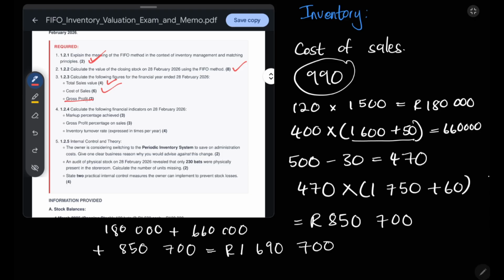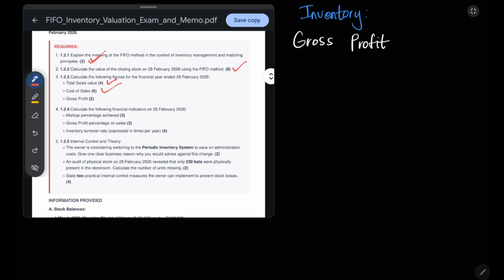We have gross profit. What is your gross profit formula? Remember, you did this in the income statement, and in the first few columns, you know that you have sales minus cost of sales. So there is your gross profit. However, you have to remember here that it's your total sales, right? So it's basically sales minus cost of sales. Let's see, we calculated total sales value.